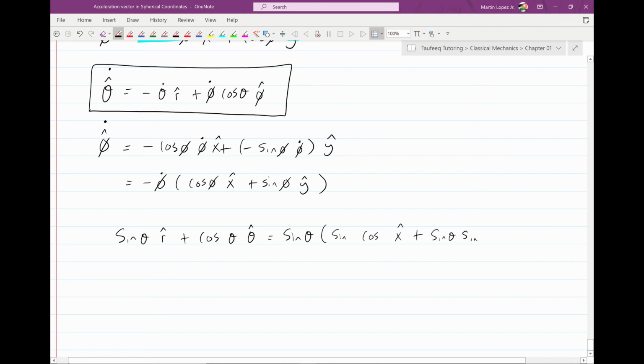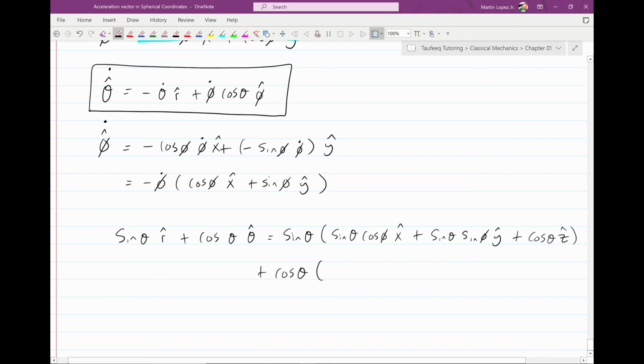This is sine theta cosine phi x hat, and this is sine theta sine phi y hat, and this is cosine theta z hat.